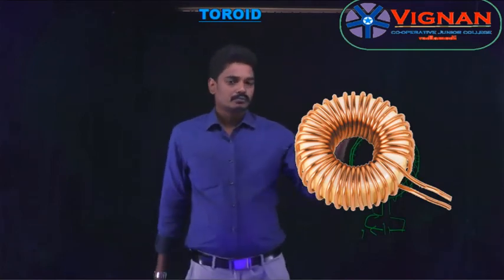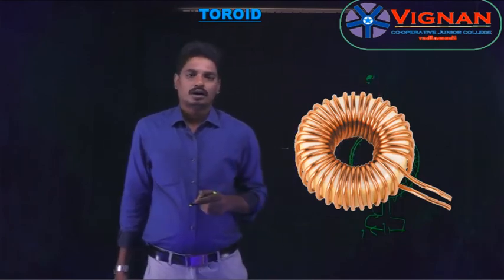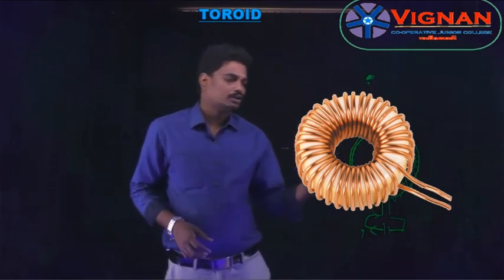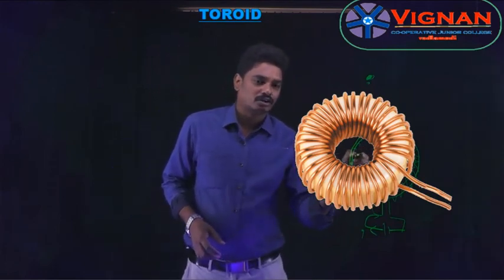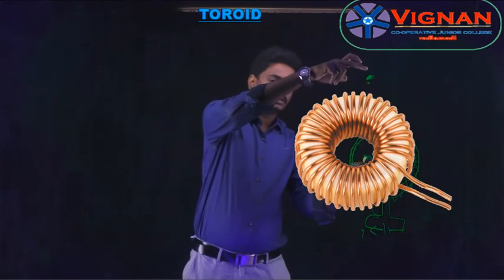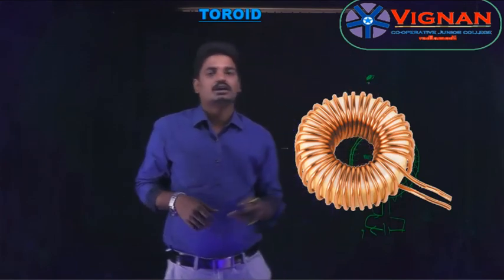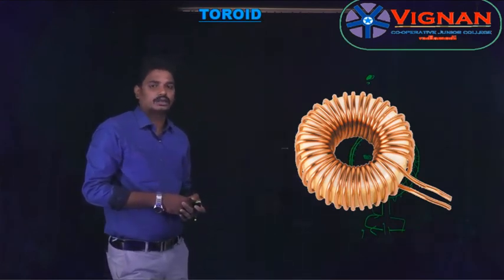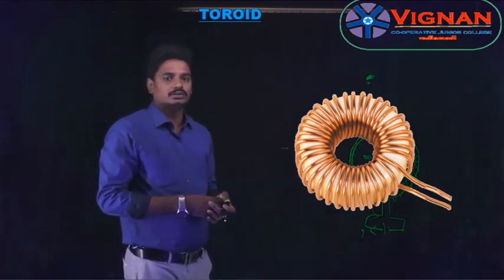Similarly, outside this toroid, and also inside the circular shell, at both these points the strength of the magnetic field will be 0.